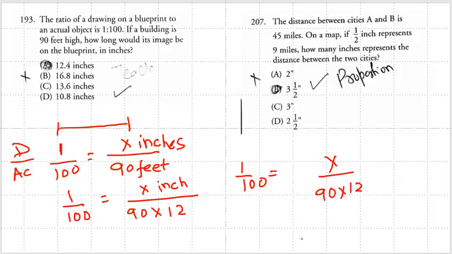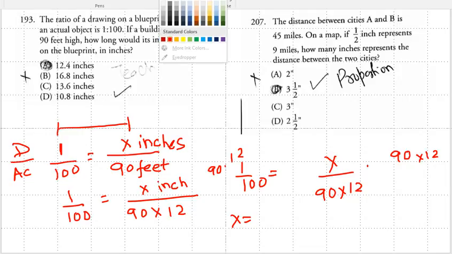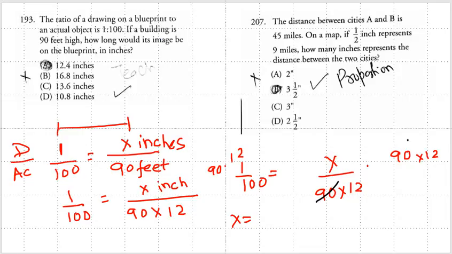Don't do any multiplication. Multiply both sides by 90 times 12. And you get x, and this 90, by the way, cancels out. You know why I'm telling you not to multiply? Because it gets easier if you do it this way.